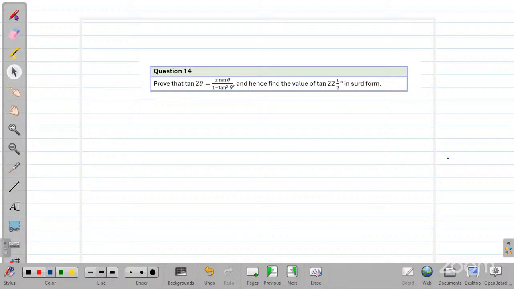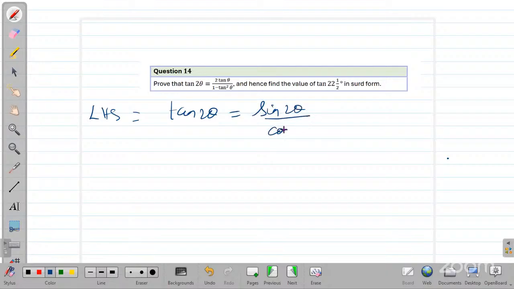I'll just take the left hand side, which is tan 2 theta. I can write tan 2 theta as sin 2 theta divided by cos 2 theta.